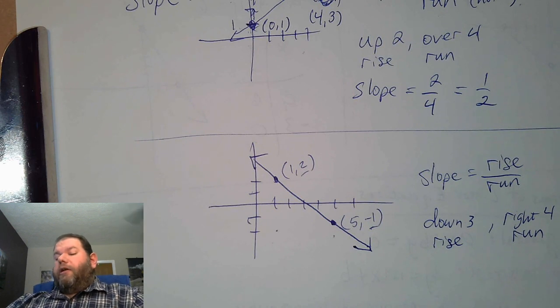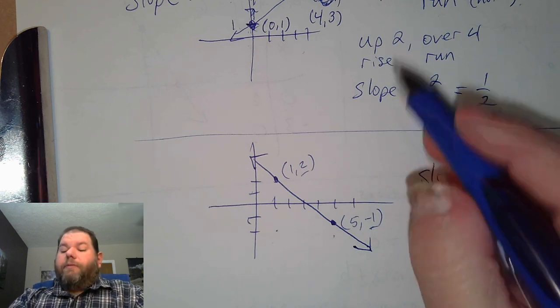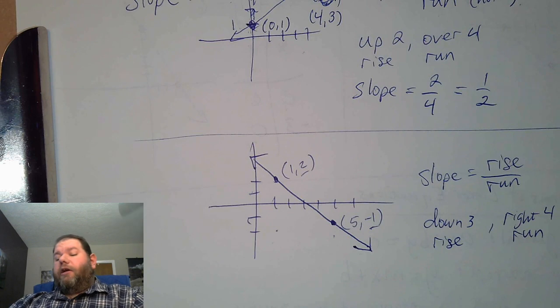Okay. Now, we saw the last one was up 2, but this one down 3. How do you think we would incorporate the fact that it's moving down into this slope? It's negative, right.